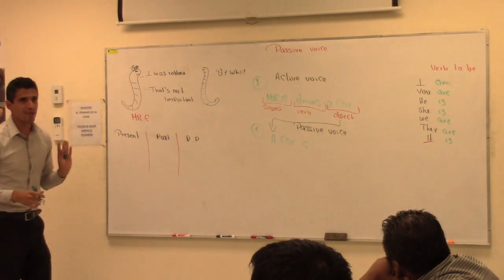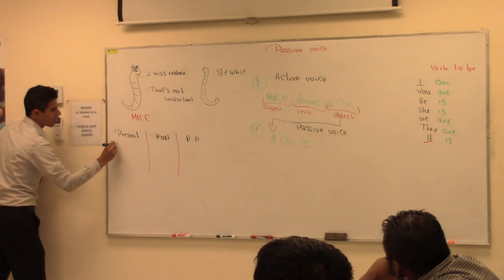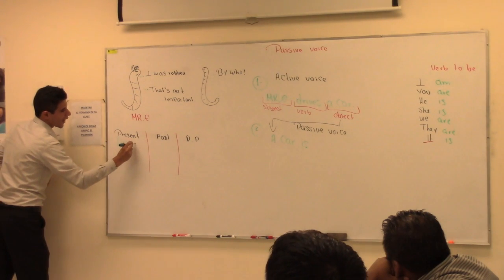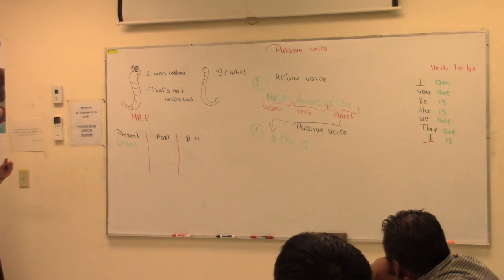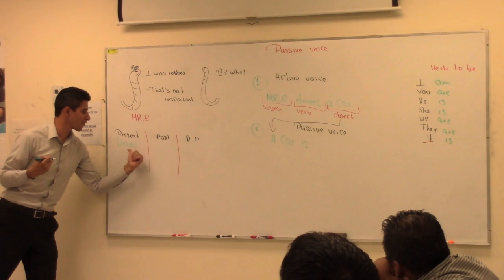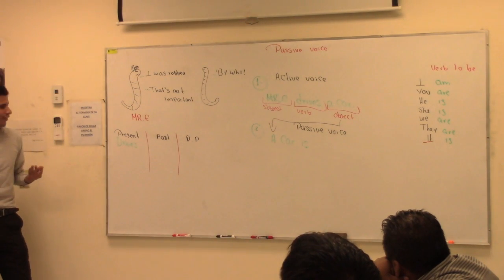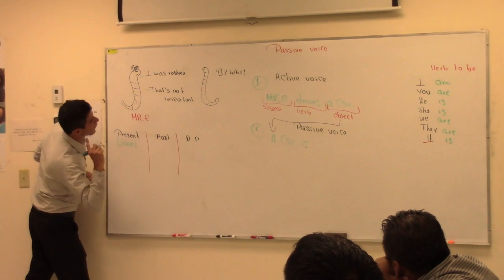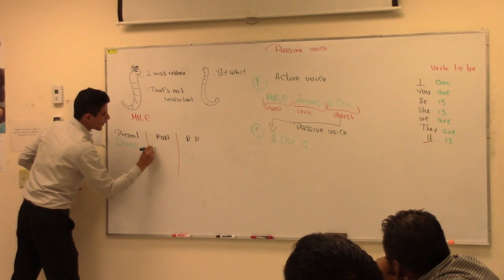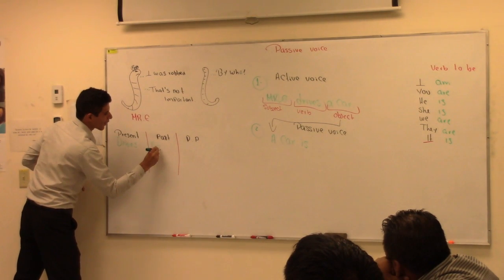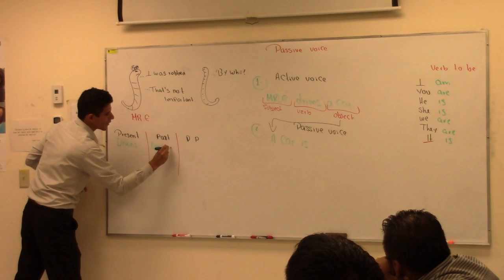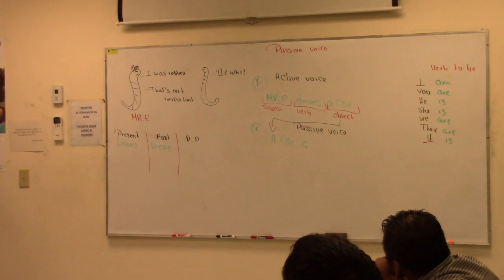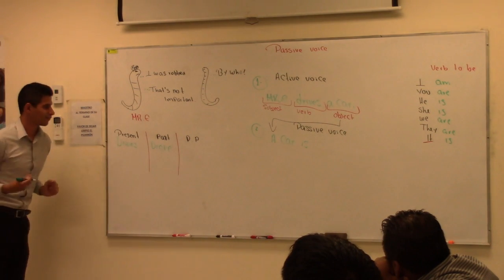So we have drives in present. So I want you to help me out, please. What is the past tense of drive? Drove. How do you spell that, please? Okay, drove. And what is the past participle of drove?